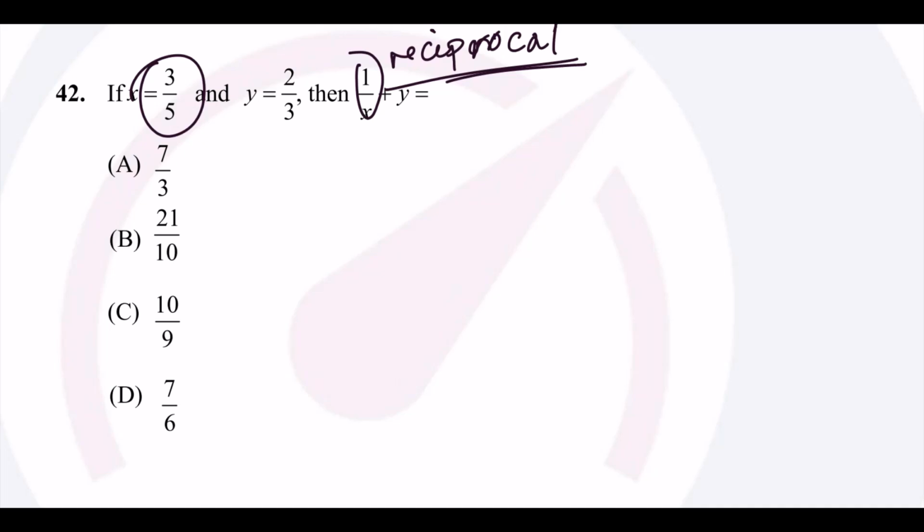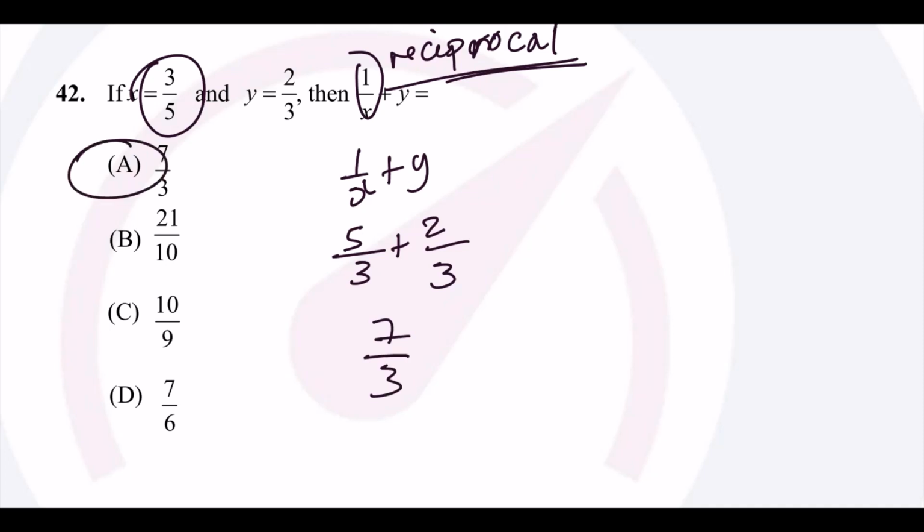So 1 over x plus y: x is 3 over 5, so the reciprocal of x is 5 over 3, plus y, which is 2 over 3. Once we have fractions with the common denominator, we can just add the numerators. So we get 5 plus 2 gives me 7 over 3. So my answer is going to be A.